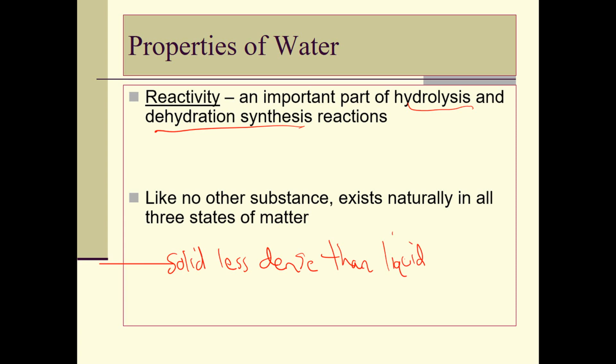And the reason why ice floats: if you take a glass bottle, fill it up with water, and then put it in the freezer, that glass is going to break because water expands. The reason why it expands is because once we reduce that kinetic energy, that energy of motion that these water molecules have, we're allowing every single hydrogen bond to form, and it creates this crystalline lattice structure.